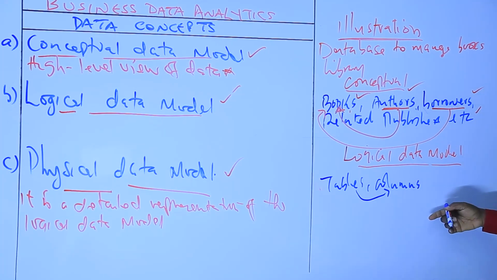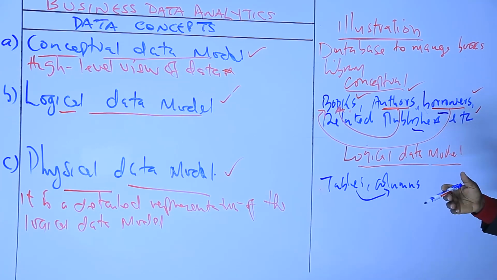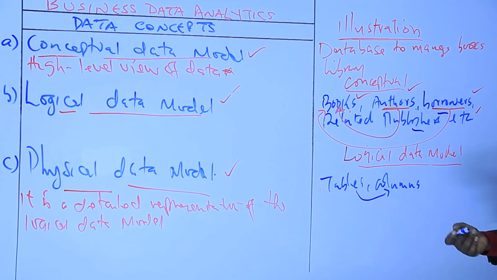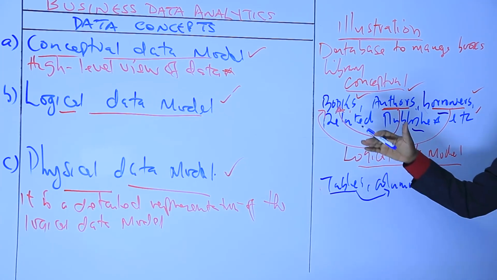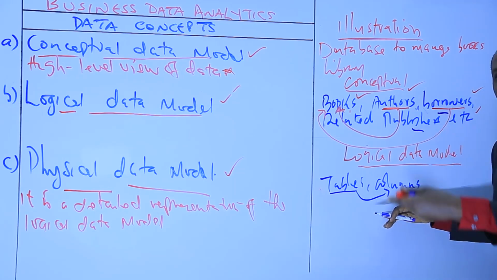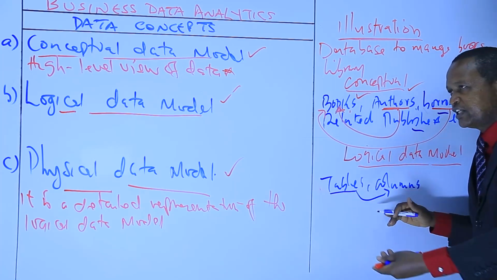So the logical data model, candidates, might include tables such as the table containing books, right? The tables of authors, the tables of borrowers, the tables of related publishers, and so on. And the books table, for example, may have columns such as the book identification numbers.